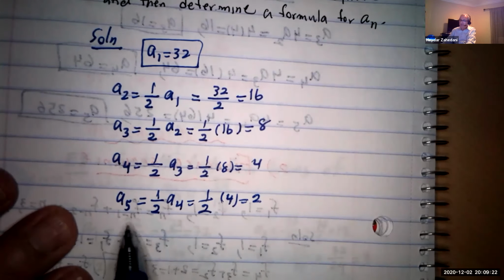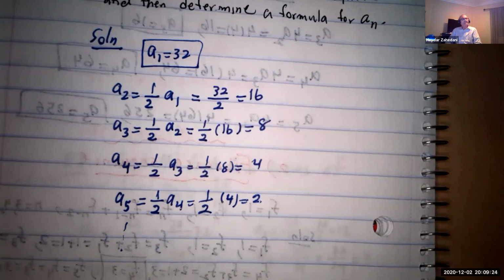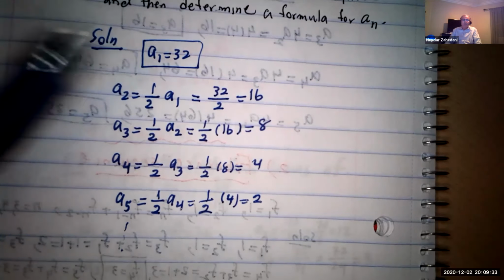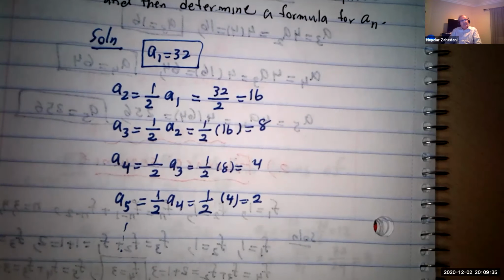And then we can continue. So you have to connect them together. We try to connect it to the original one, which is 32, because this is 16, 8, 4, 2. The next one is going to be 1, then you get 1/2, and then you continue.